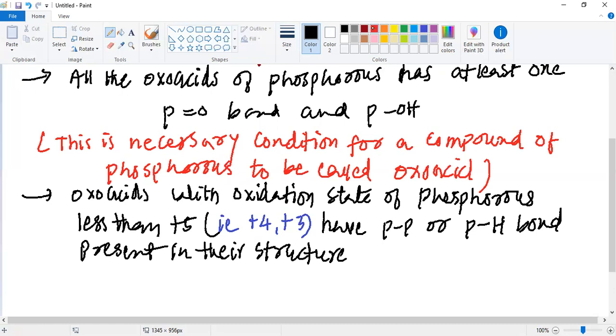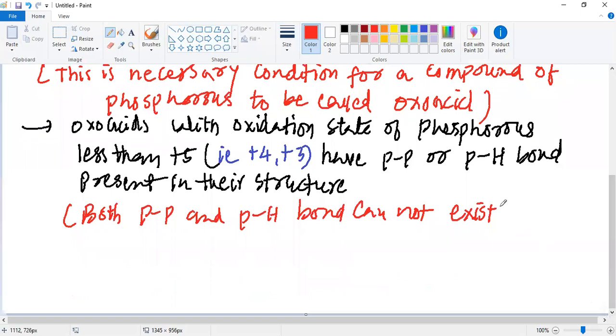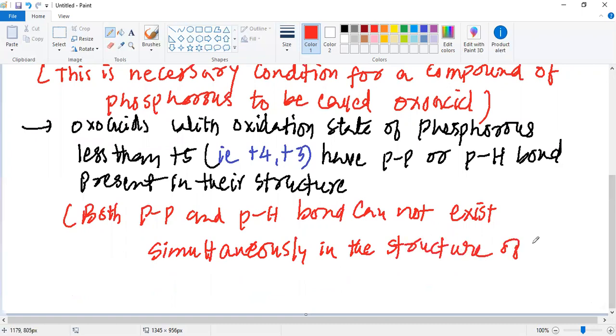Remember, my dear student, that both P-P and P-H bond cannot exist simultaneously in the structure of any oxoacid of phosphorus.